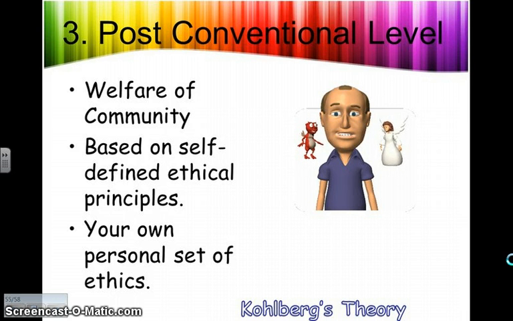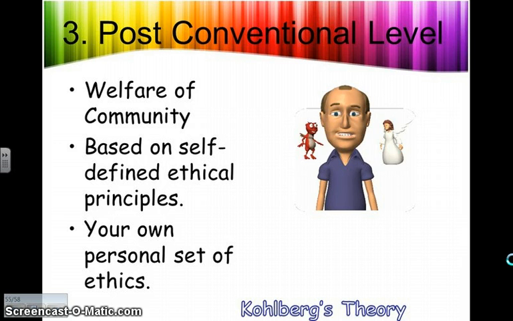Stage 5 is based pretty much on the welfare of the community. The behavior is based on kind of a balance between human rights and the laws of society. So it's very much based on maintaining social order. Okay.